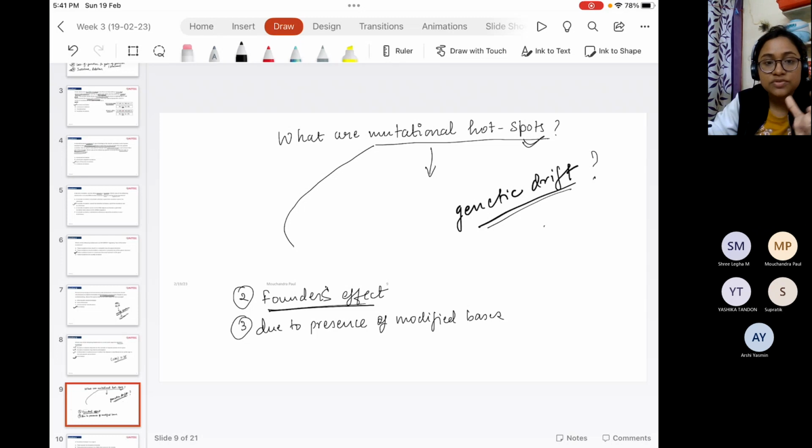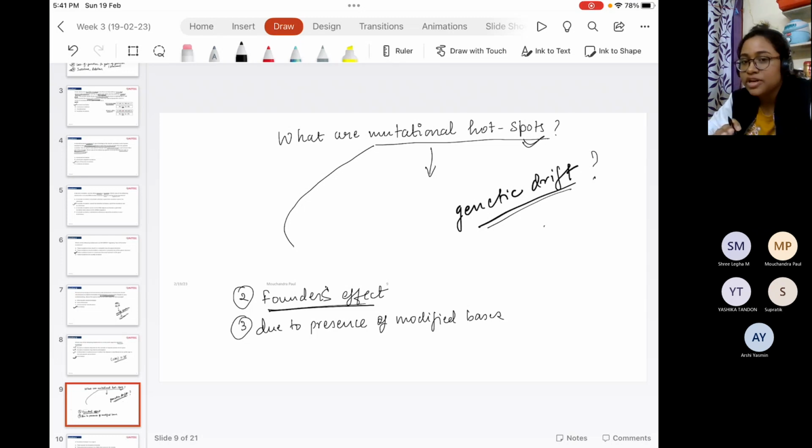Because of that, the few mutant alleles they carried with them can multiply, or de novo mutation can also happen. So that's how genetic drift and founder's effect are completely different.